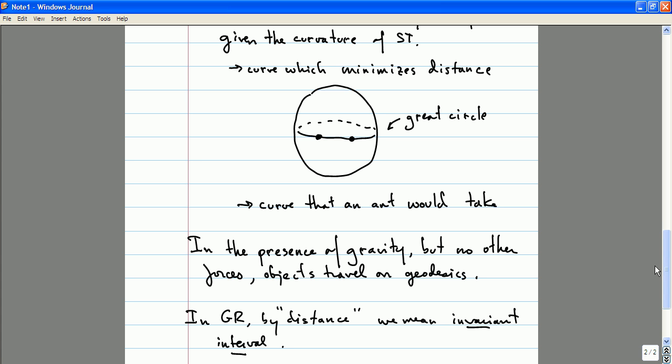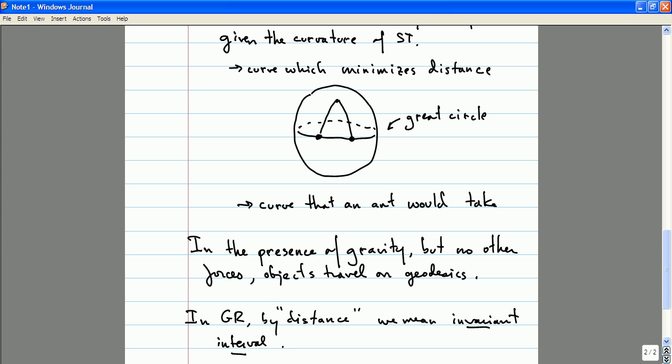So, for example, the statement that a sphere has curved geometry means that if you were to try and draw a triangle on the sphere, and the definition of a triangle is that it's something connected by three straight lines, where straight lines mean quote-unquote straight lines, these geodesics, you would see, for example, that the sum of the angles on the triangle is not equal to 180 degrees.